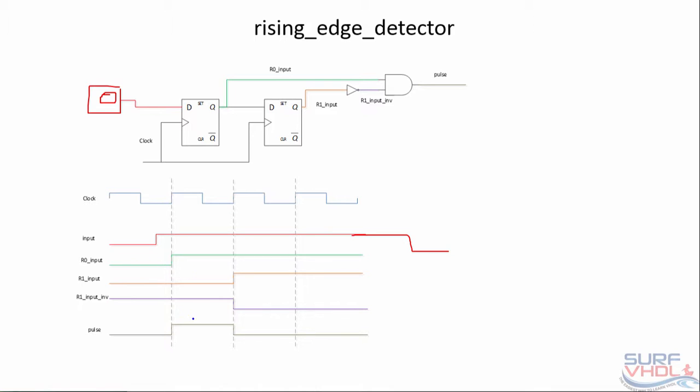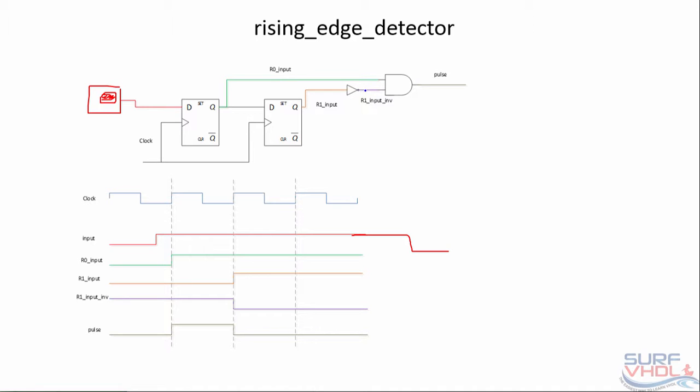We want a single pulse when the button goes down. Okay, so this is the input. This is the first stage of sampling, and this is the second stage of sampling.